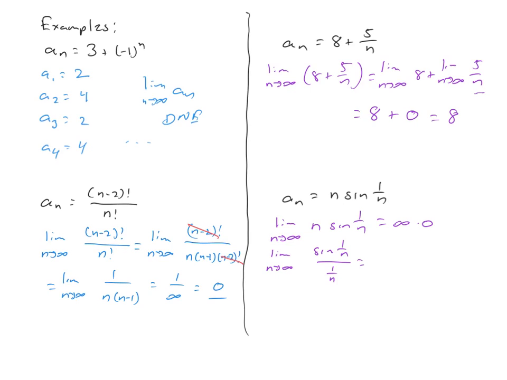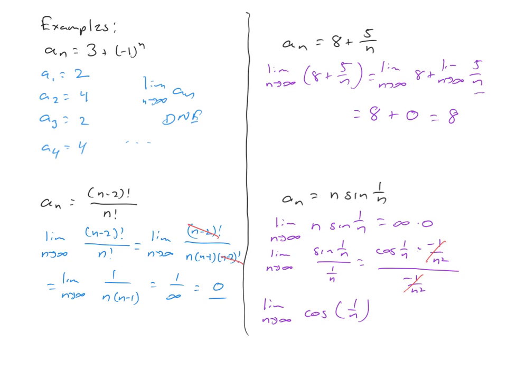Now that's 0 over 0, so I can apply L'Hopital's rule. The derivative of sine of 1 over n is the cosine of 1 over n times the derivative of the inside function, which is negative 1 over n squared, all over the derivative of the bottom, which is also negative 1 over n squared. These drop off, and this is now equal to the limit as n approaches infinity of the cosine of 1 over n.